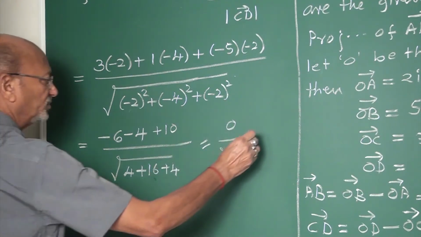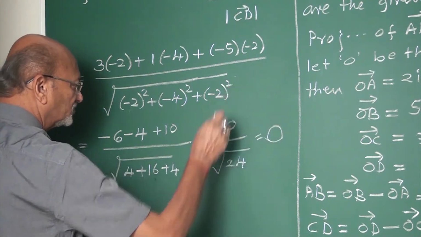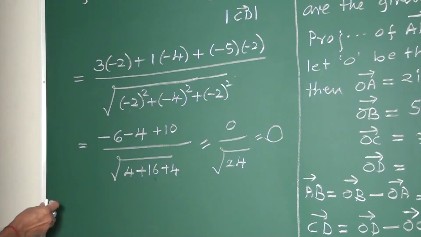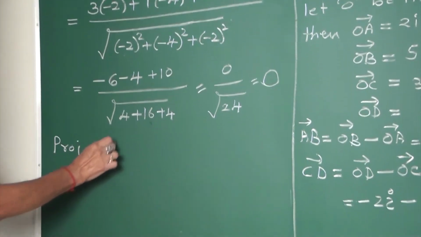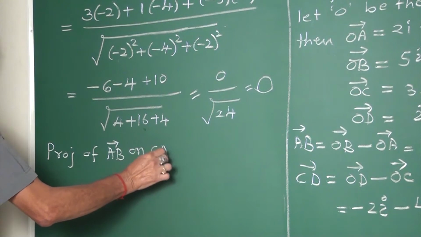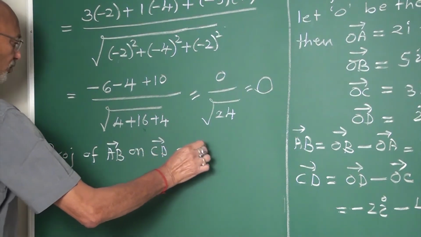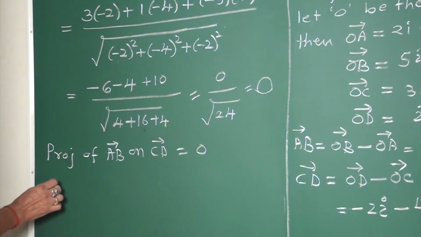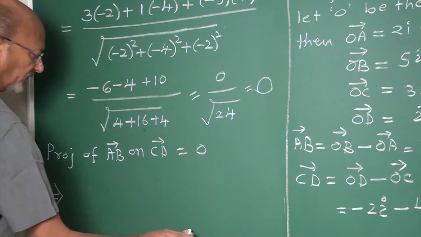When the numerator is 0, what is this, my friend? 0. Therefore, projection of vector AB on CD is equal to 0, which implies that the projection is 0. Yes, my friend.